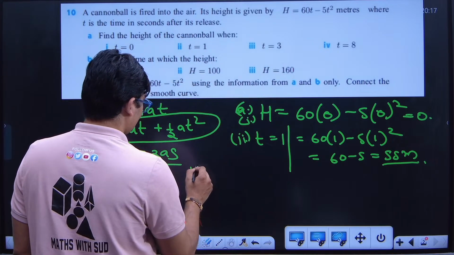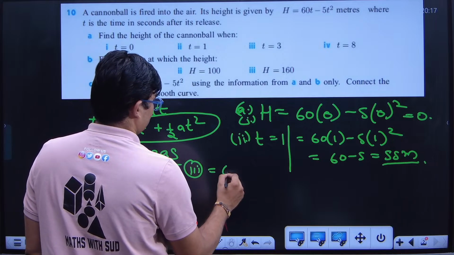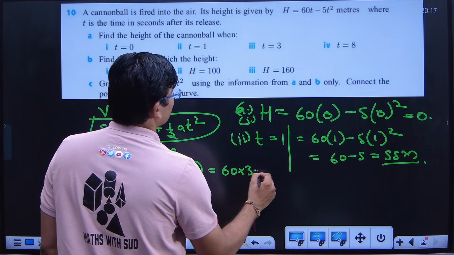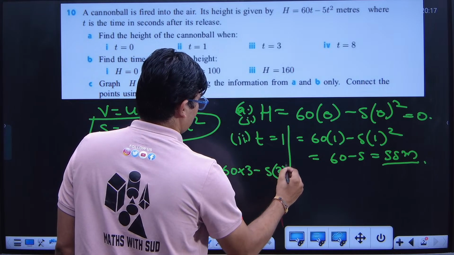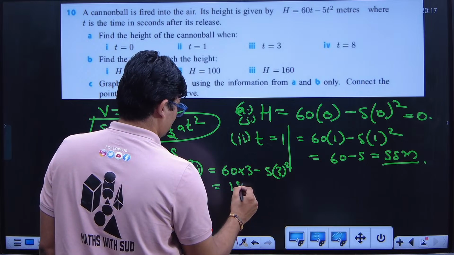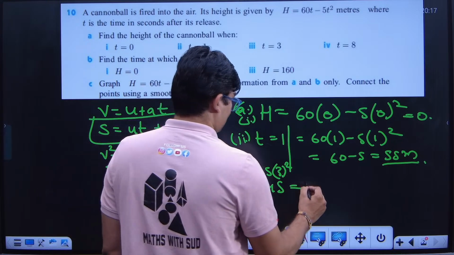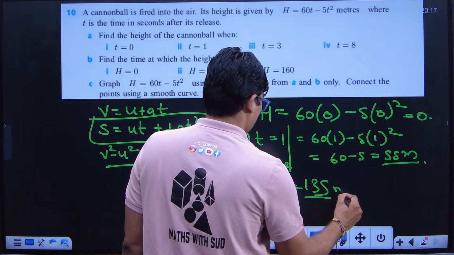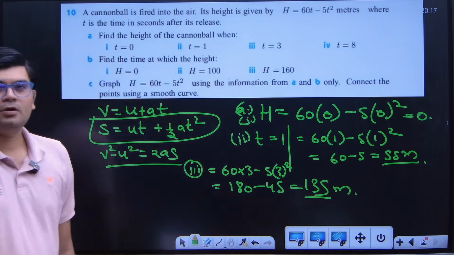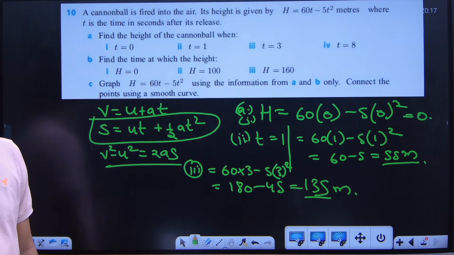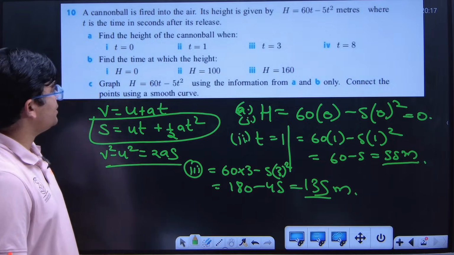If t is equal to 3, it would be 180 minus 45. 180 minus 45 is 135 meter. Please always write the unit as well.